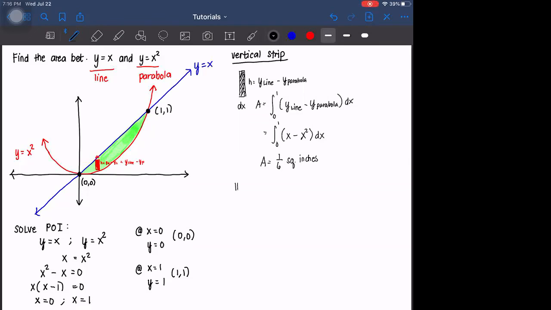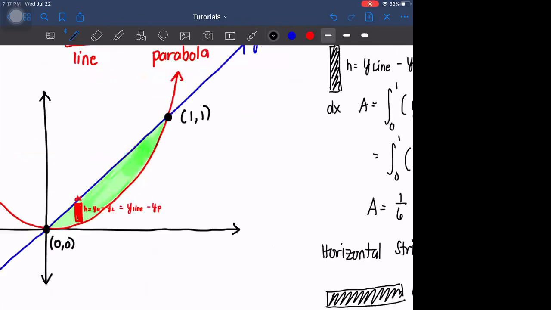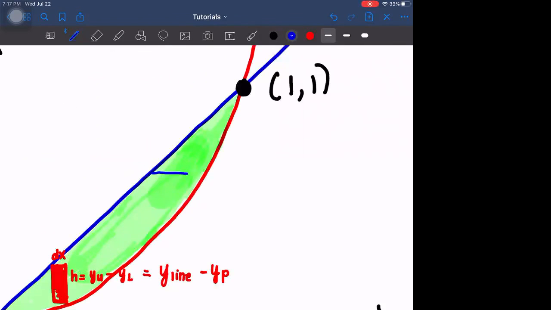Okay? Now, what if it is a horizontal strip? Let us lay the strip down. So this is now dy, and this is now the length. Look. So when it is horizontal, this is dy, and this is the length.